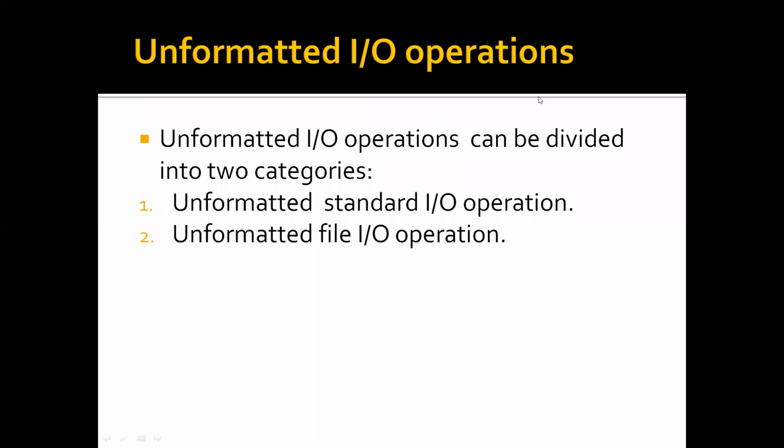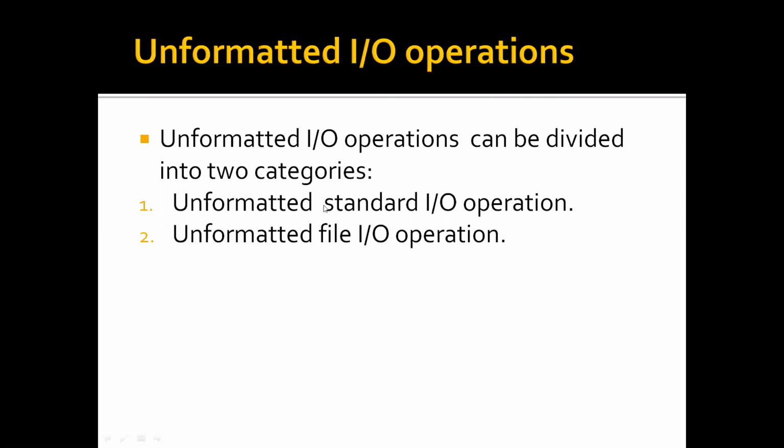The next topic, after the standard IO streams and file IO streams, is unformatted IO operations. Unformatted IO operations are divided into two categories, the same categories: standard and file.